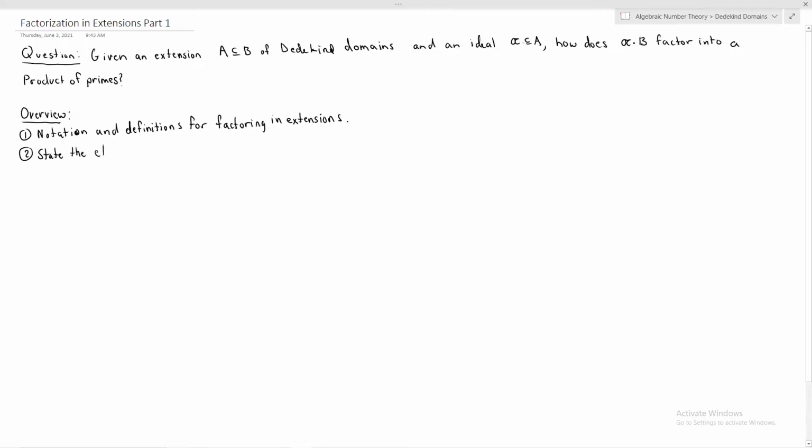The goal of the next two lectures, this one and the next one, is to prove this theorem. But the proof is a little technical, so it's going to take some time.